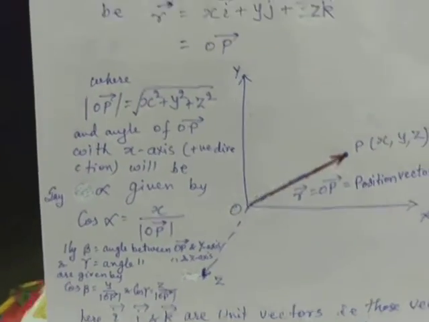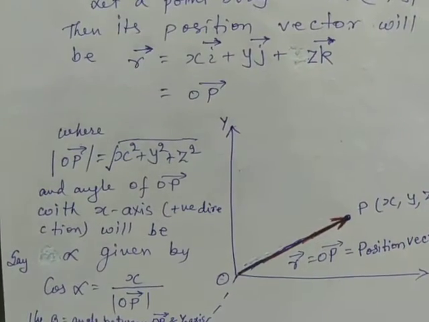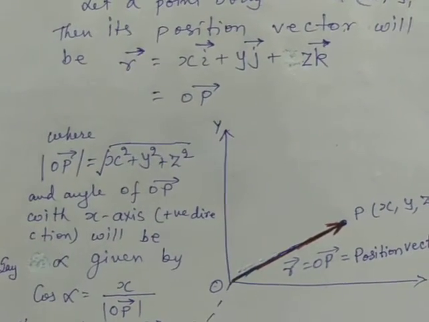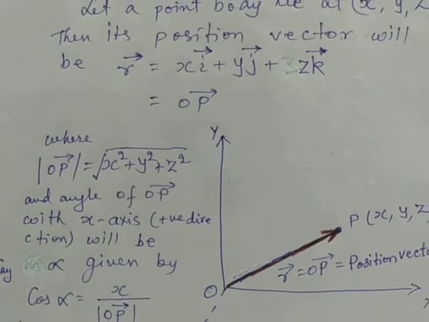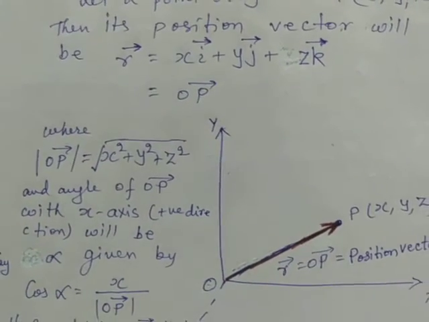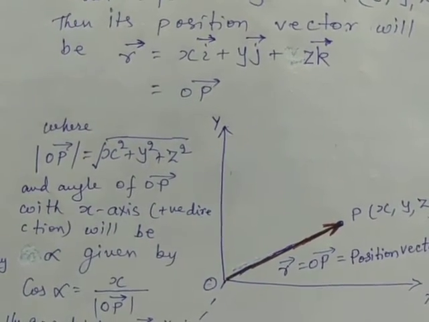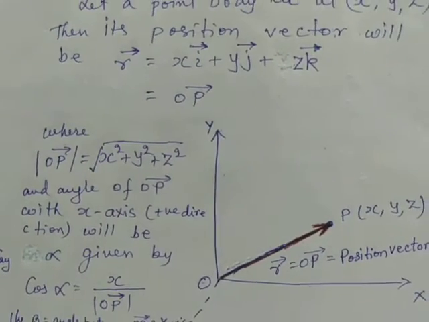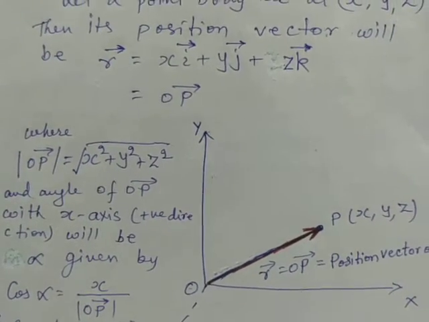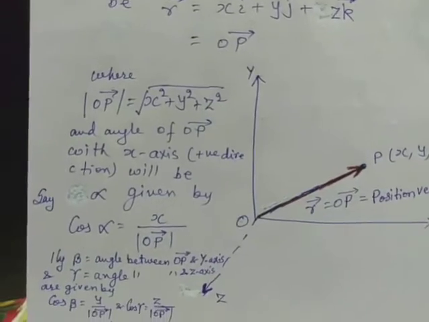So this is the description of this position vector, where i, j and k are unit vectors along the positive x-axis, y-axis and z-axis respectively.